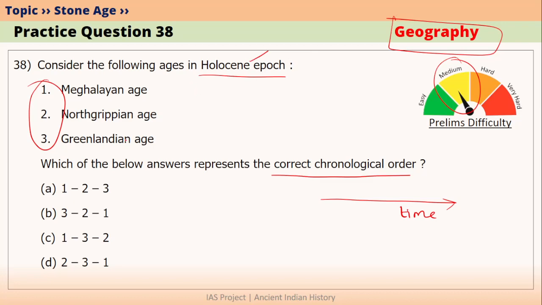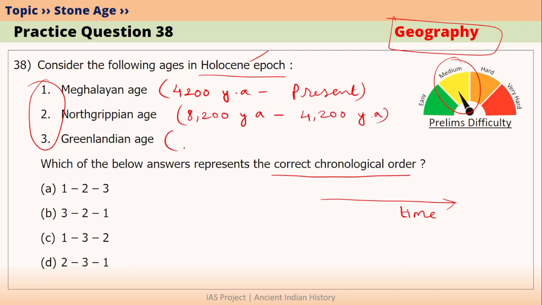If we look at these 3 ages, we have to know what is the time period of these 3 ages. So the Meghalayan age was actually from 4200 years ago to the present day. North Grippian age started somewhere around 8200 years ago and it ended nearly 4200 years ago. Greenlandian age started somewhere around 11,000 years ago and it ended around 8,200 years ago.